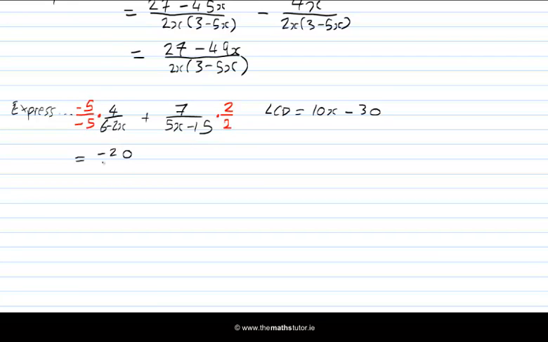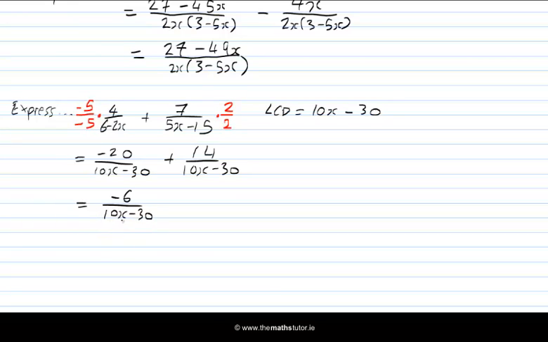So we get minus 20 over 10x minus 30, and we get 14 over 10x minus 30. So that simplifies to minus 6 over 10x minus 30.